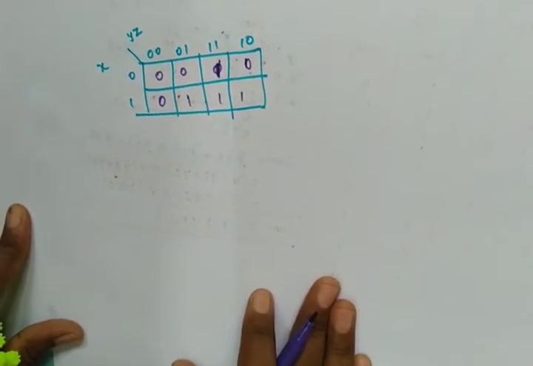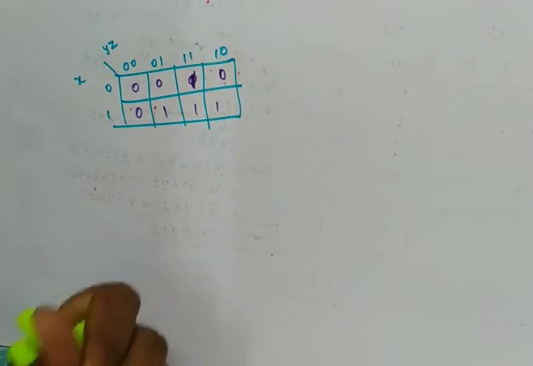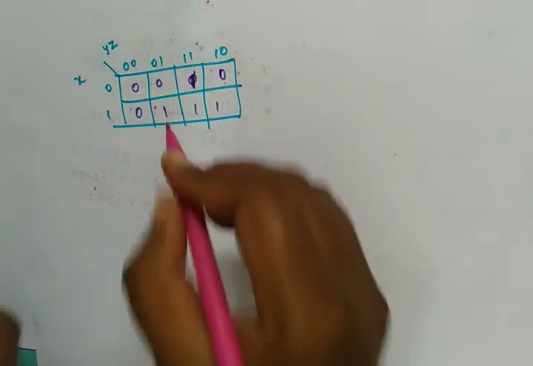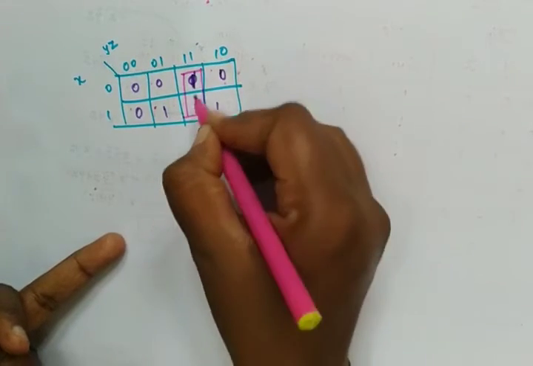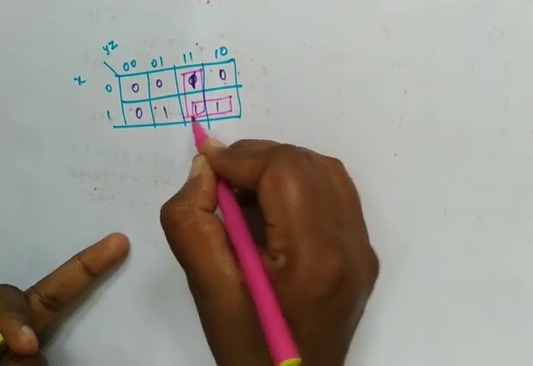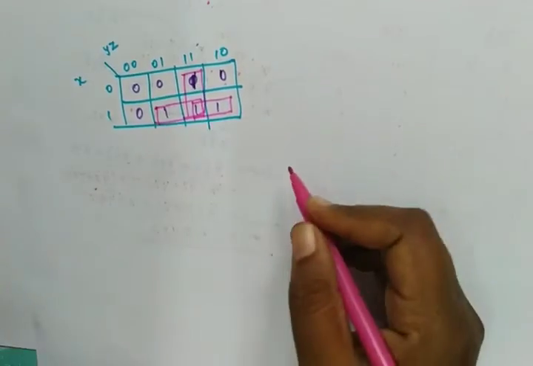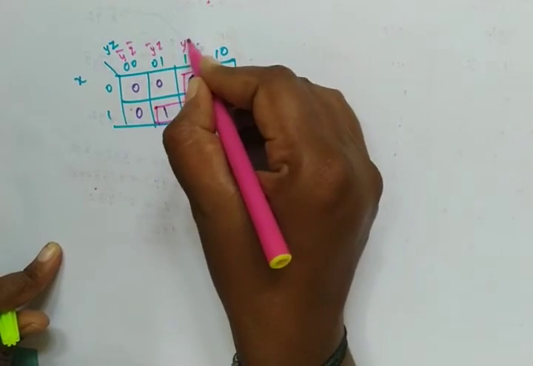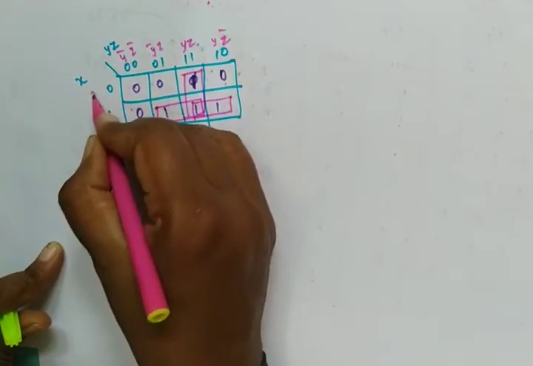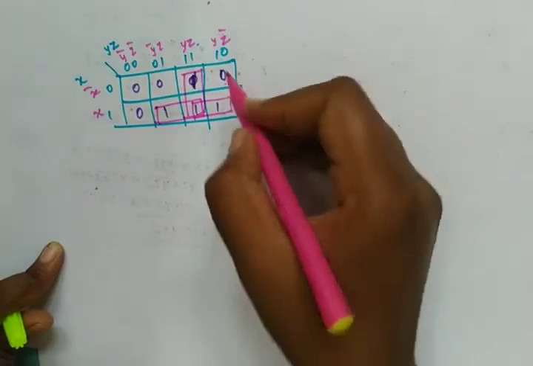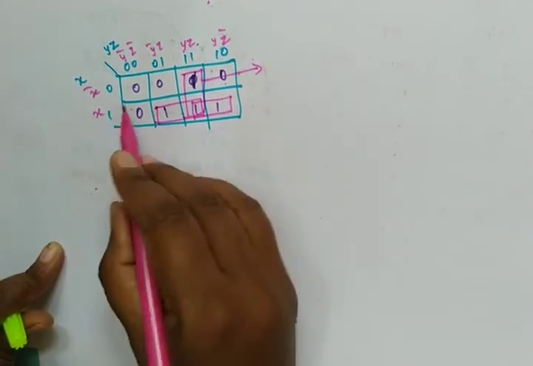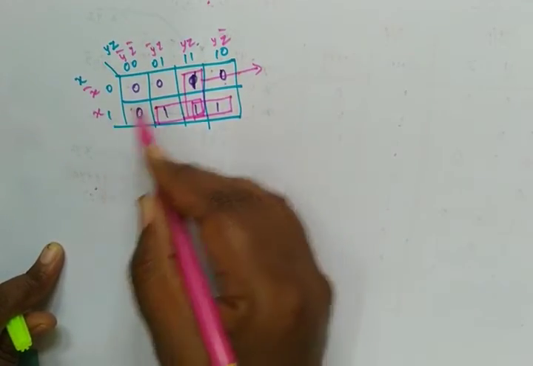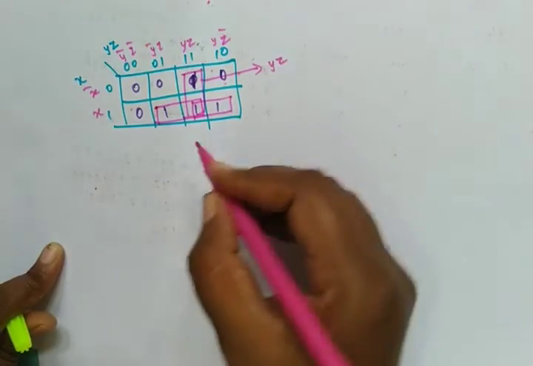Now what we have to do is pair these. We can pair like this: this is one group, this is another group, and this is another group. This is y bar z bar, y bar z, y z, y z bar, and this is x bar, x. What is the answer for this? X bar cancels, so we have yz.